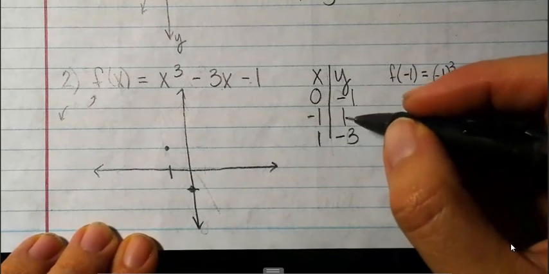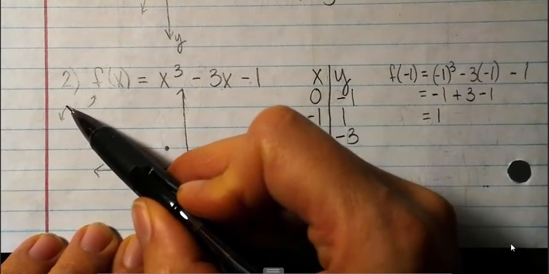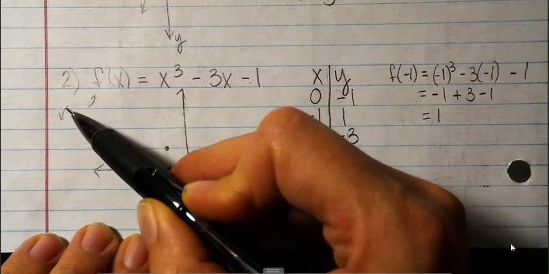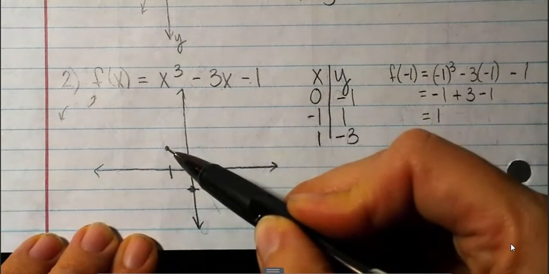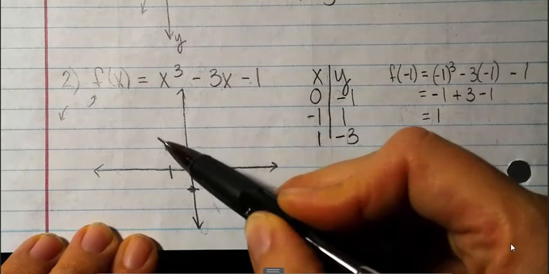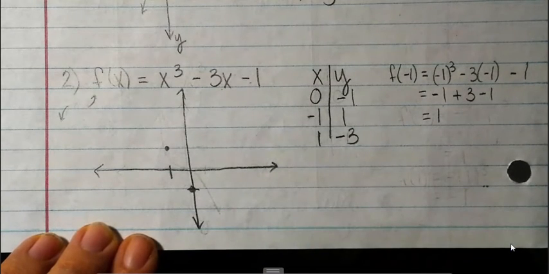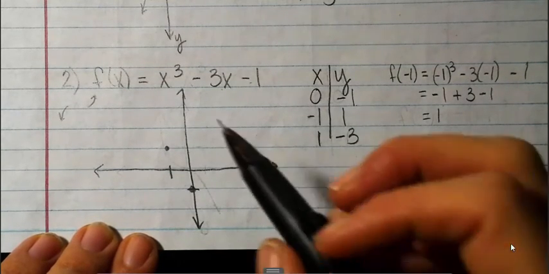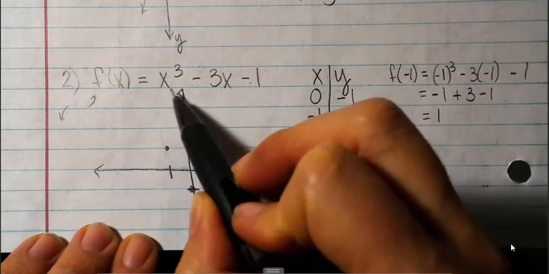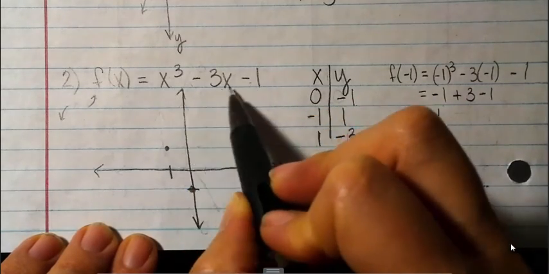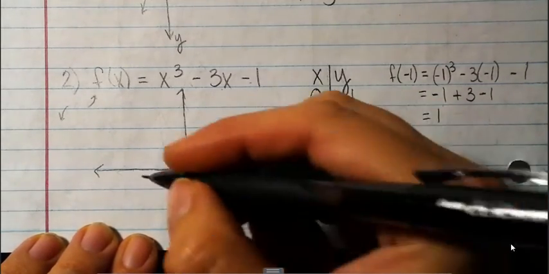Something's wrong there. I'm noticing that my end behavior is supposed to go down on the left and up on the right. It looks to me like it's going to end up going up on the left. So I'm thinking, oh my gosh, maybe I'm making a mistake. But let's remember, there are humps in this thing. Okay, there's more extrema than we think. So I need to go further.